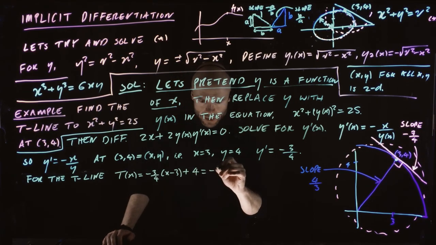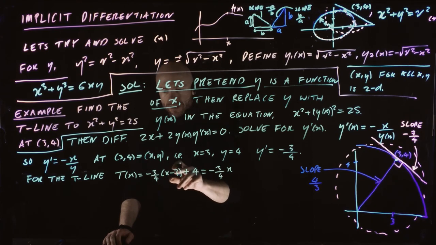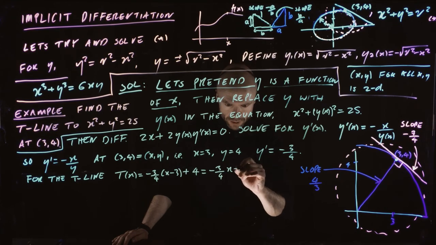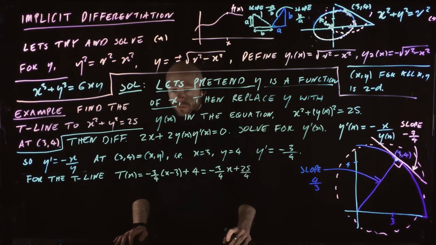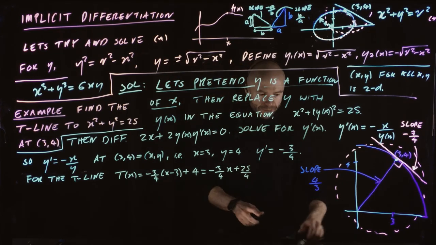So this is minus 3 over 4 x, and that'll be minus 3 divided by 4, so that'll be plus 9 over 4, and this is 4, so that's 16 over 4. So putting stuff together, that's 25 over 4. And that's the tangent line. All right, now we're done. Let's do another example.